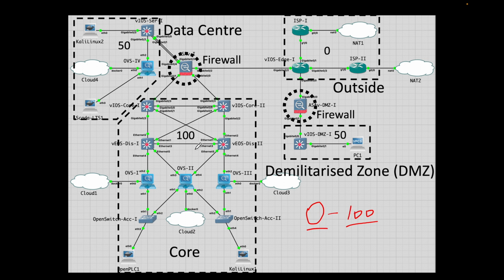By default, all traffic originating from a higher security level can access the lower security level. But traffic from a lower security level cannot access the higher security level. It will be dropped by the firewall.